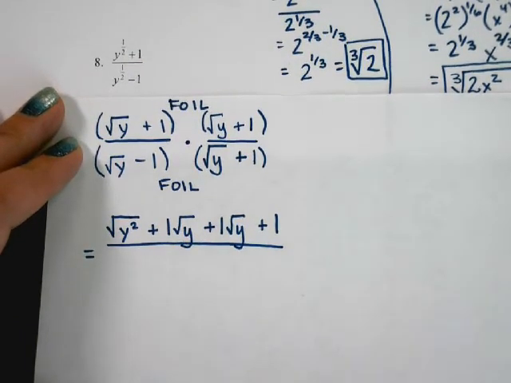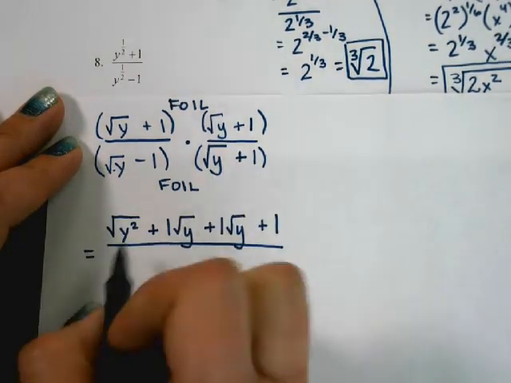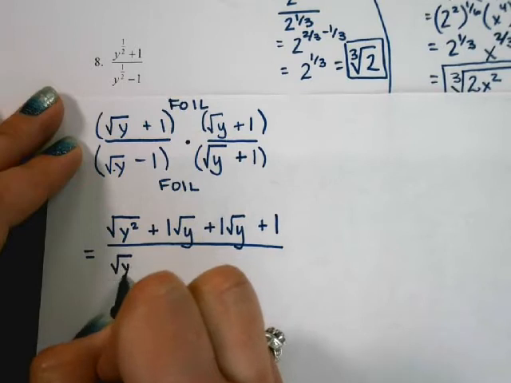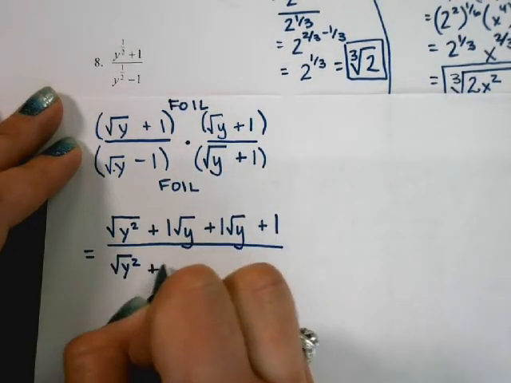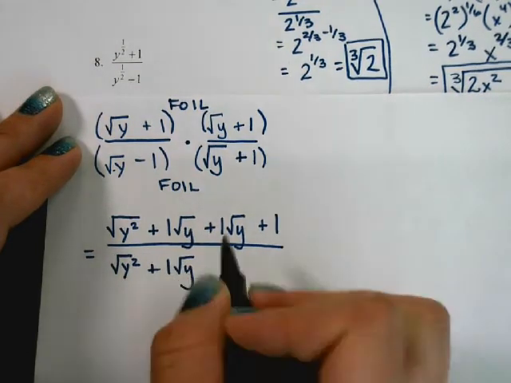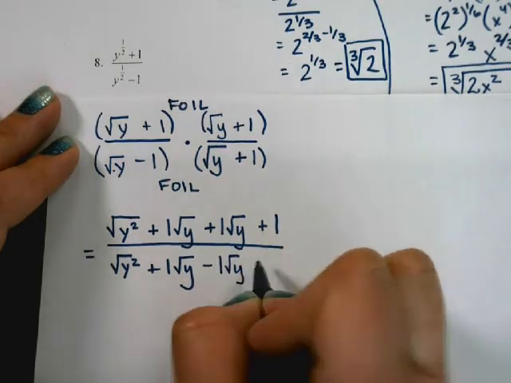And remember, when we multiply conjugates, those middle terms should drop out. So square root of y times the square root of y, again, is the square root of y squared. Outsides, plus 1 square root of y. Insides, minus 1 square root of y, minus 1.